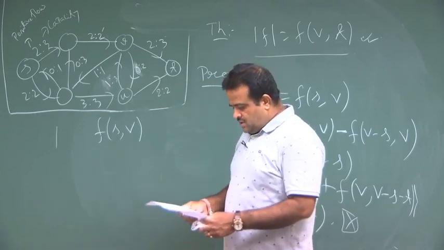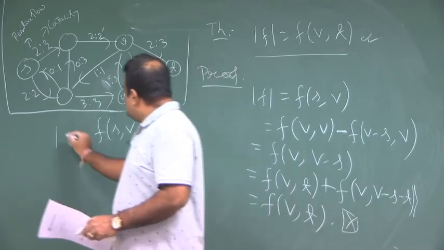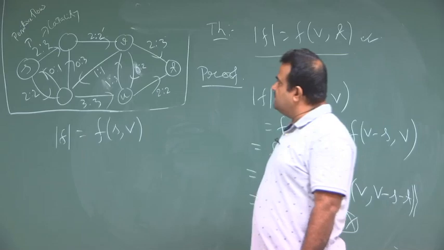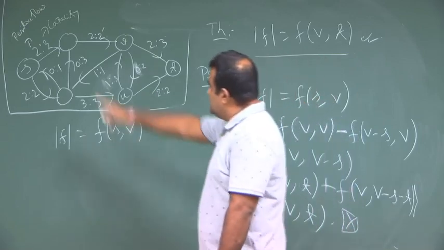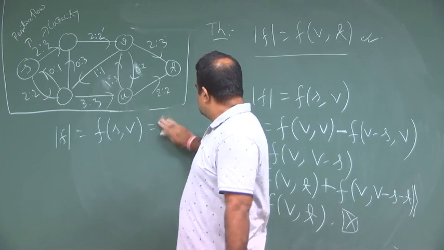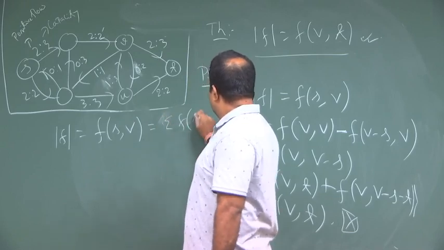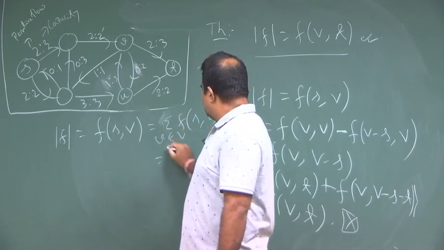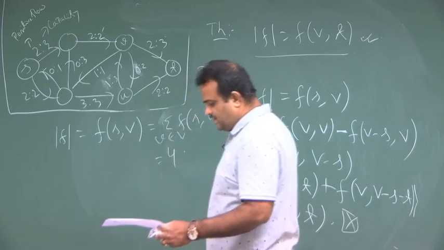Then what is the value of the flow? The value of the flow is the net flow you are passing from the source. This is basically 2 plus 2, which is 4. So, this is basically the summation of f of s comma v. So, this is 4, and this is the value of the flow.